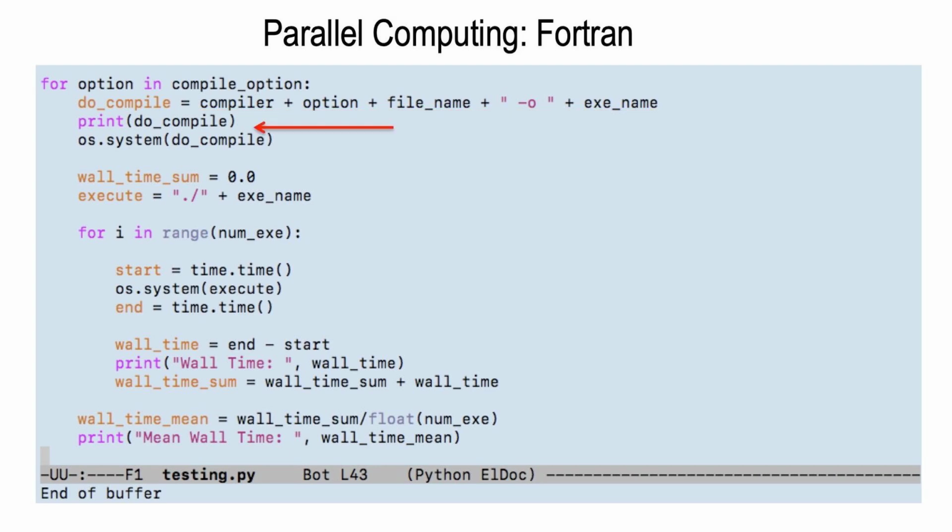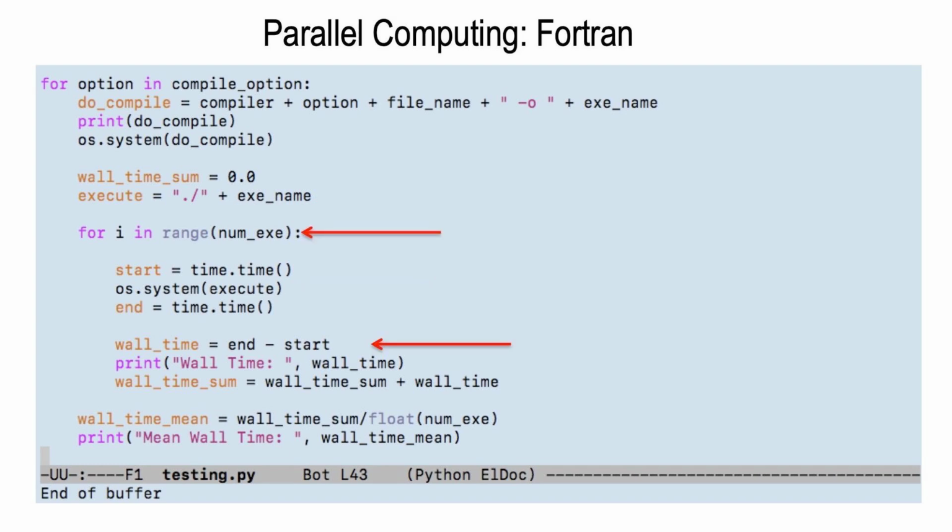The following 2 lines initially display the complete compilation command in my terminal and then proceed to execute it. The execution command will be ./ followed by the name of the executable program, and the OS system will handle this.